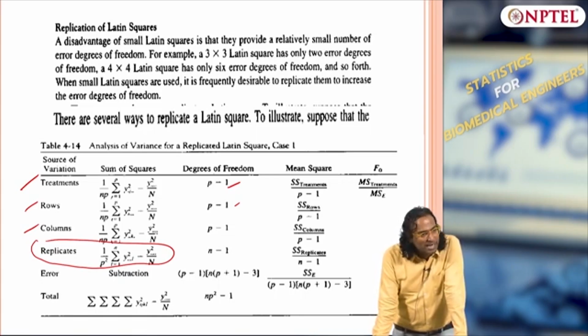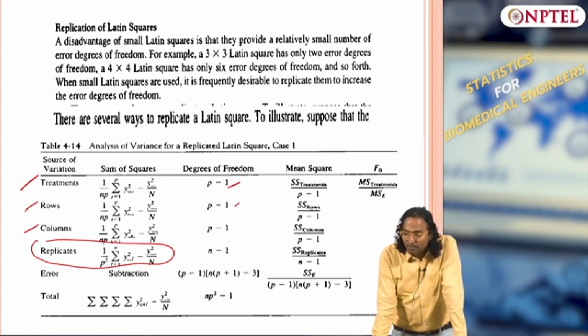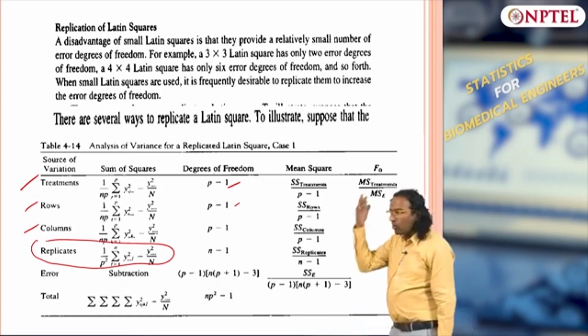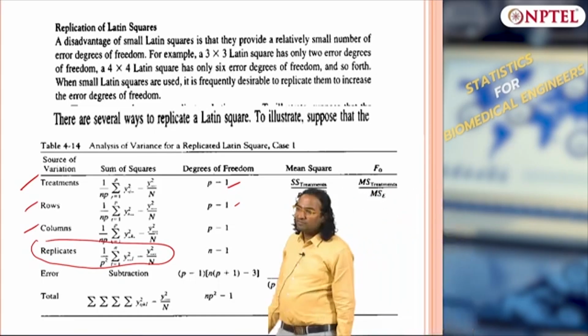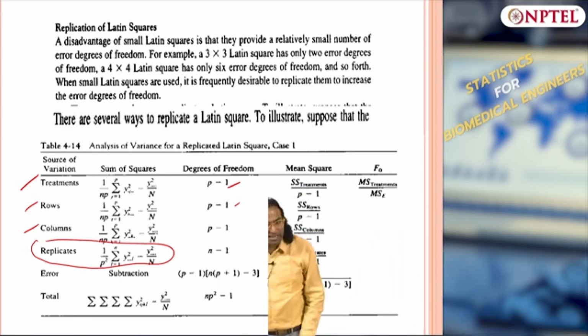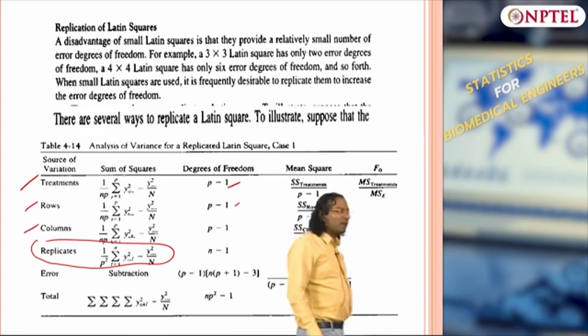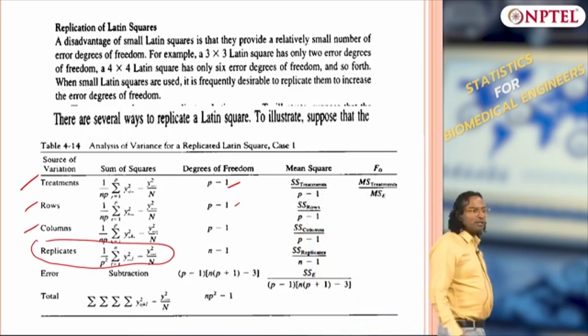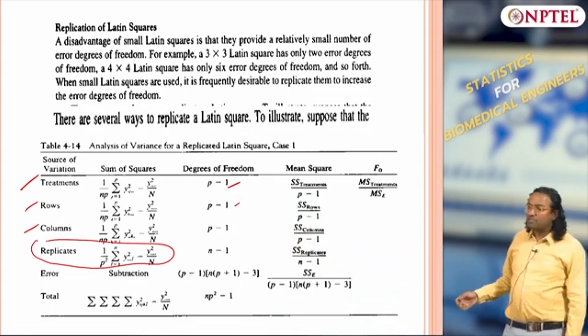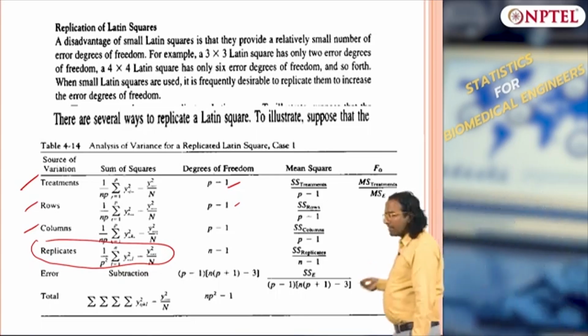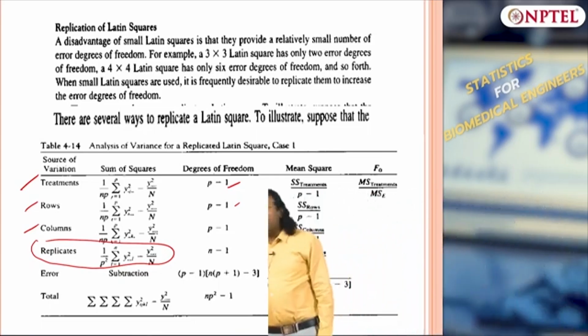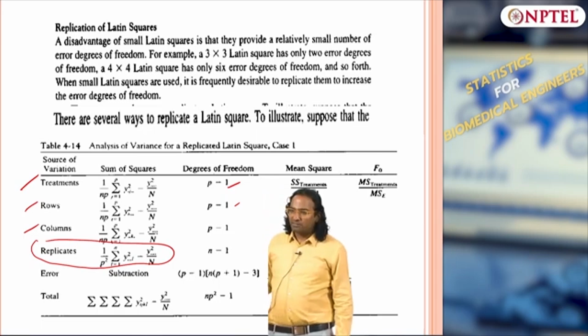What will change if you change n, if you do more replications? Which degrees of freedom will go high? Yes, error degrees of freedom will go high, right. That is what we want. We cannot change the degrees of freedom of rows, columns or treatments, because it is fixed. If you do p treatments, the grand mean of treatment is 1, so p minus 1 is the degrees of freedom for treatment, no change in it.